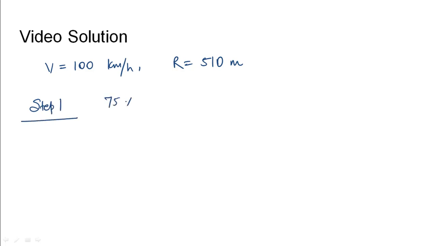So in this case, the design speed has been given as 100 kilometers per hour, and the radius is given as 510 meters. Using step 1, that is considering 75% of V, we calculate the value of super elevation, which is v square by 225r.